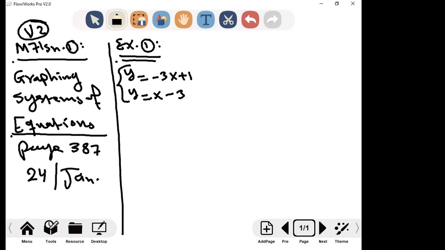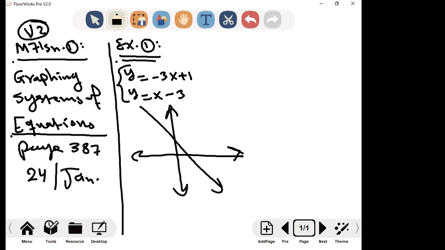The red line is x minus 3. The blue line is negative 3x plus 1, right? And it's graphed something like this. Focus, please. We have an intersection point here.